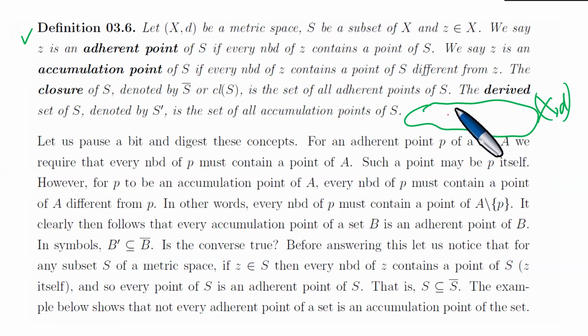It need not be open, but S is inside X, and Z is a member of X. I've not read the whole story, but Z can be either inside this or there. We say that Z is an adherent point.